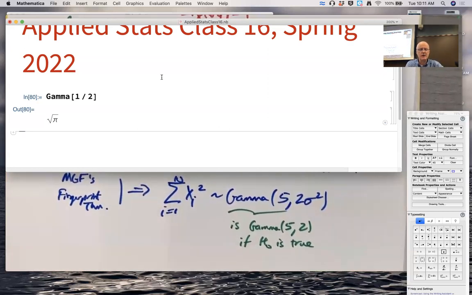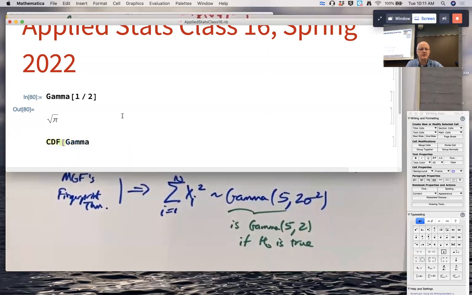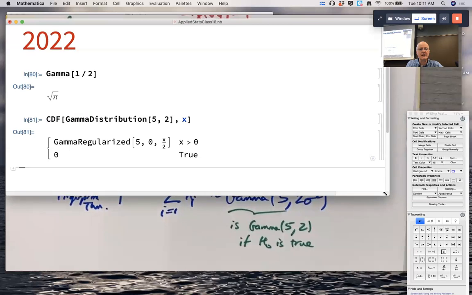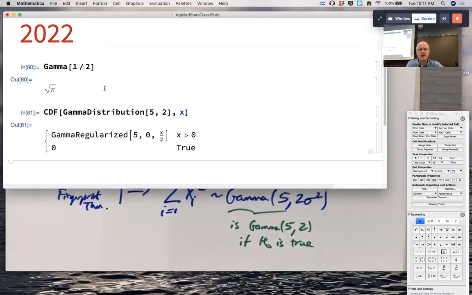So I really should do the CDF of a gamma distribution, alpha is 5, beta is 2, of x. What is that formula? It doesn't involve elementary functions, gamma regularized. So there's nothing I can do really by hand, so to speak. I've got to use technology.